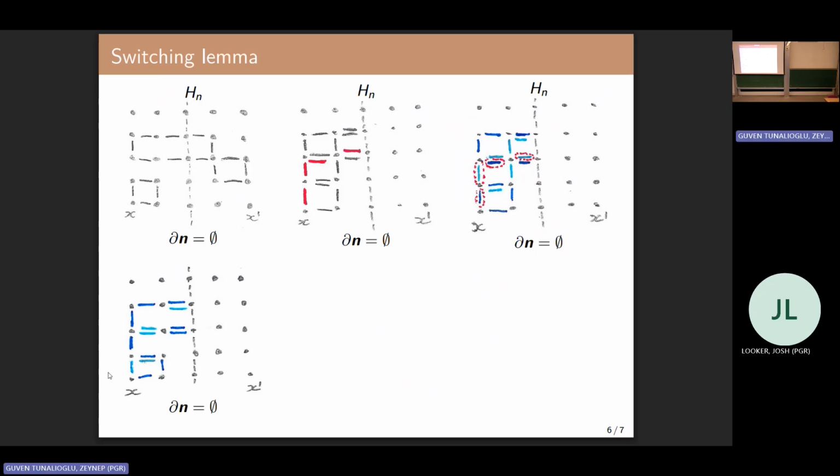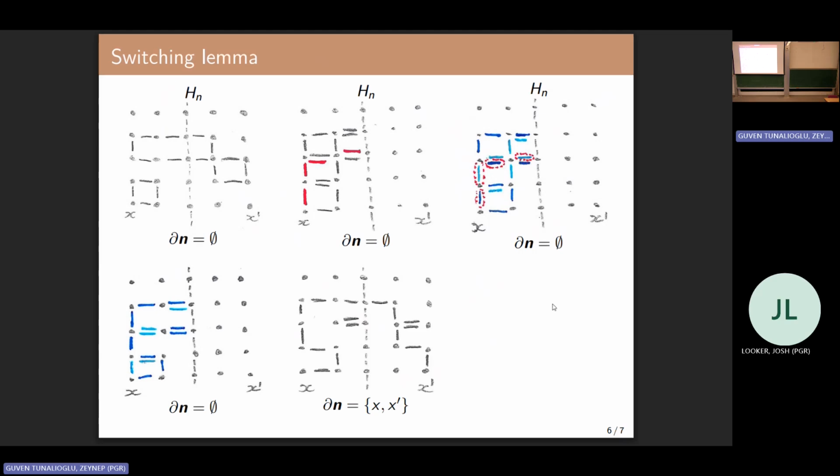So this becomes light blue, this light blue becomes dark blue, this dark blue becomes light blue, and this light blue becomes dark blue. And then you reflect back and you get some other current. It's not important exactly how it works, but the point is you start with a sourceless current that is connected to this Hn, and you end up with a current that has a source at x and its reflection.